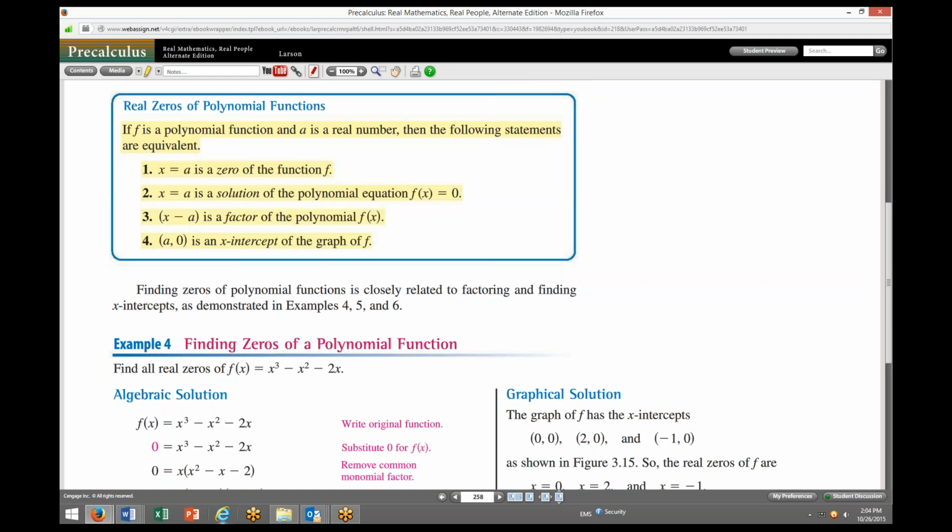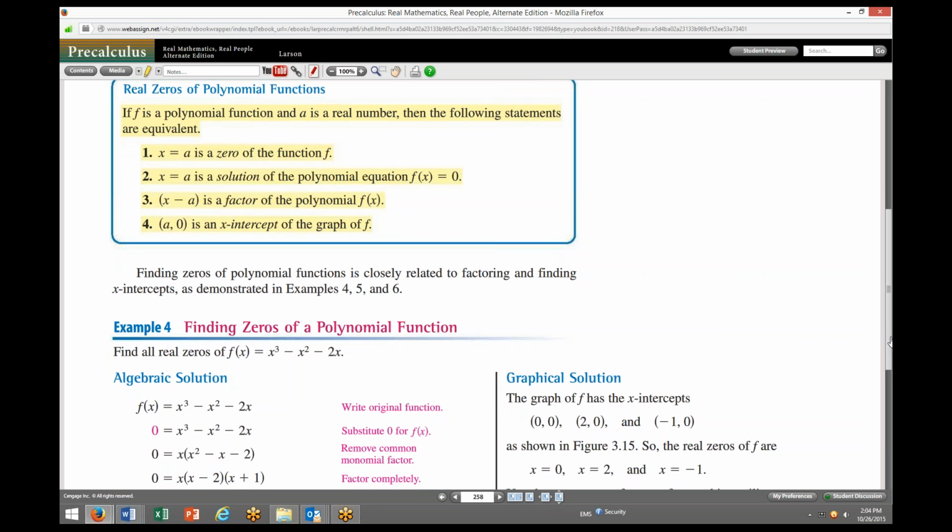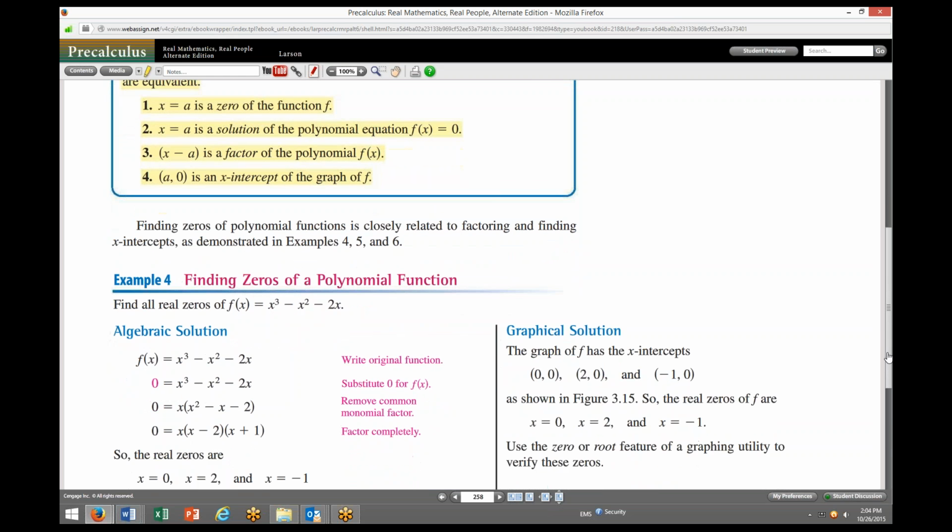It's just stating it in different terms. We're going to speak much now for the rest of this chapter about both zeros of functions and factors. These parentheses, x minus the number, factor of polynomials.